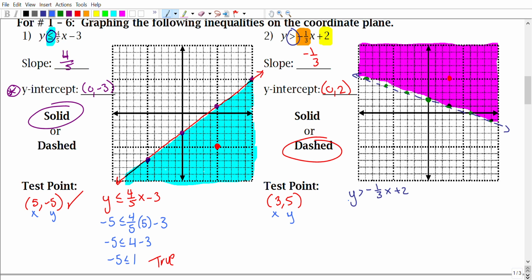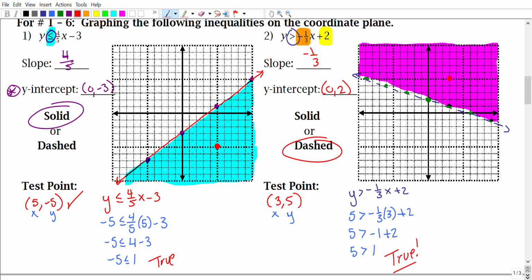So if I test that point out, I get 5 is greater than negative 1/3 times 3 plus 2. So this is 5 is greater than negative 1/3 times 3, which is negative 1, and negative 1 plus 2 is just a positive 1. So is this statement, 5 is greater than 1, a true statement? And we know that in fact that is true.